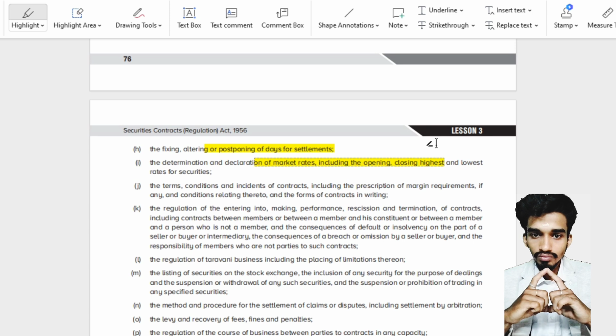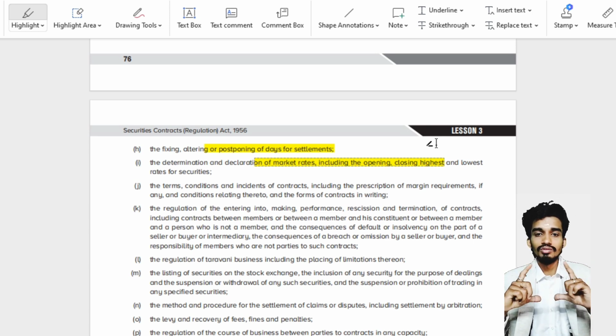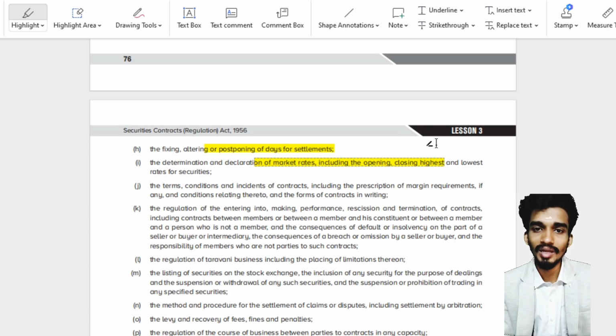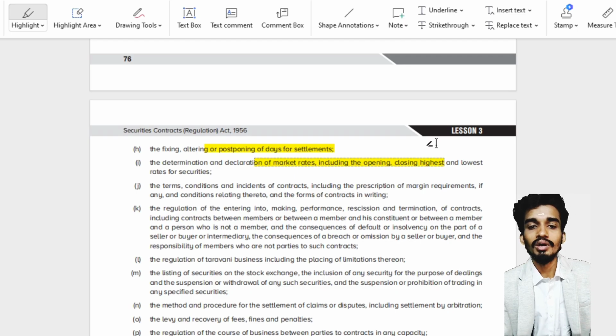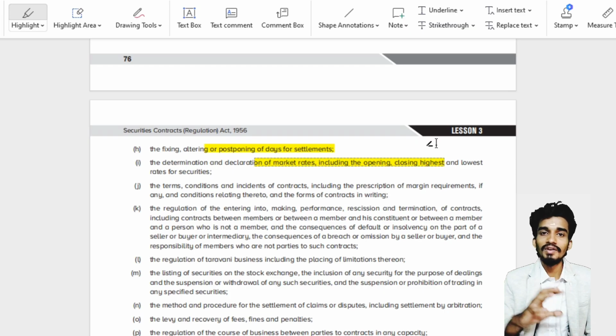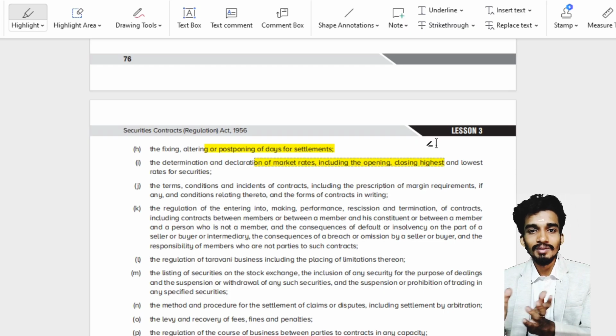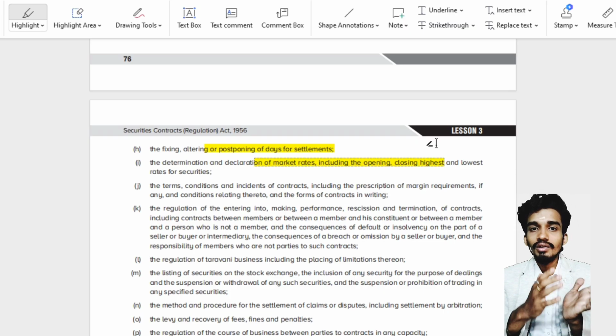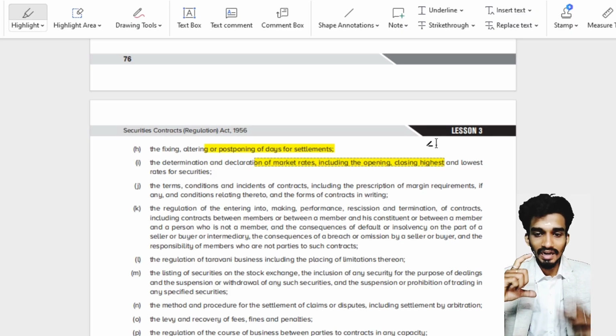If you look at a candle chart in any demat app, for example TradingView, and see a chart for a particular security, you will have a candlestick pattern. Each candlestick represents the market rate, the market price of the security.